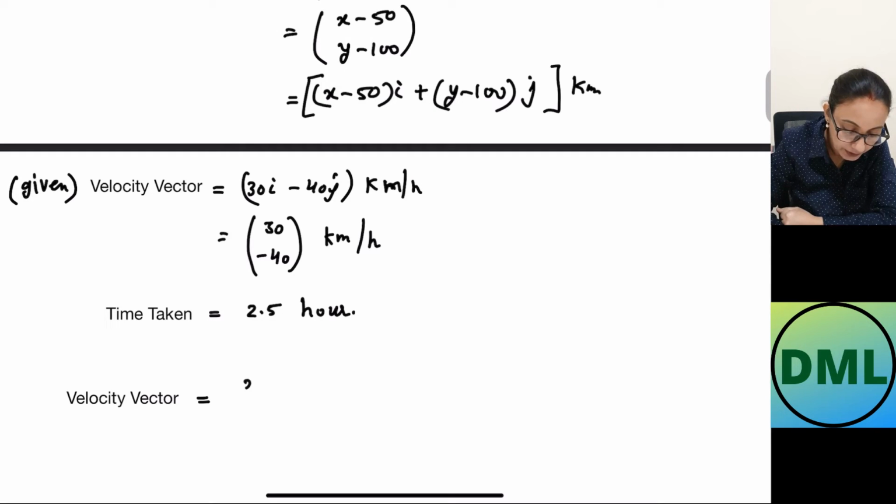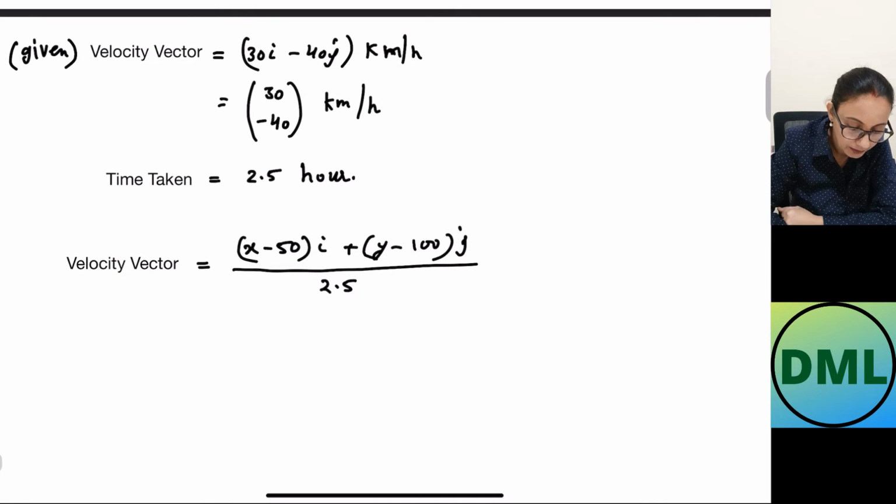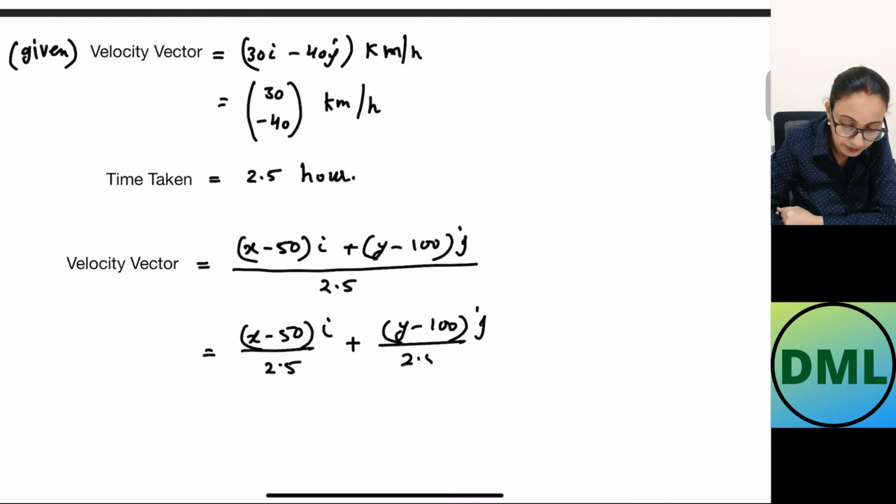So I'll put the value here: x minus 50 i plus y minus 100 j over time taken. Time taken is 2.5 hours. Now let's do it separately: x minus 50 i over 2.5 plus y minus 100 j over 2.5.